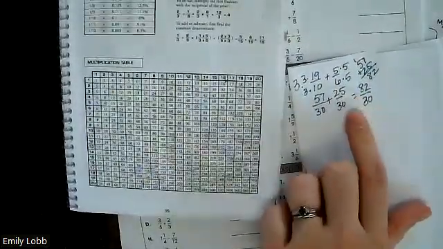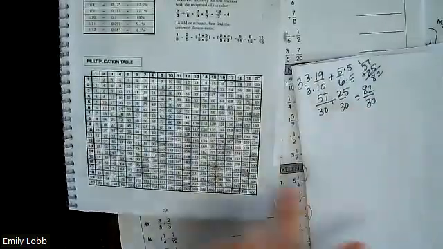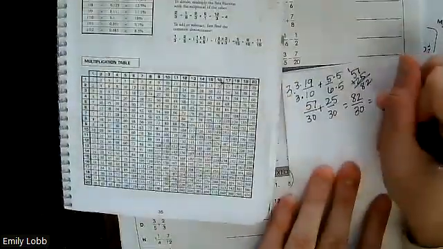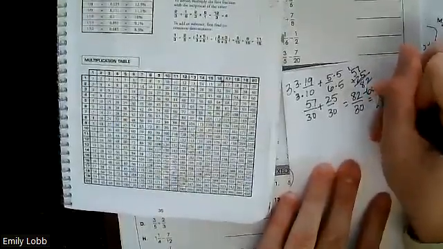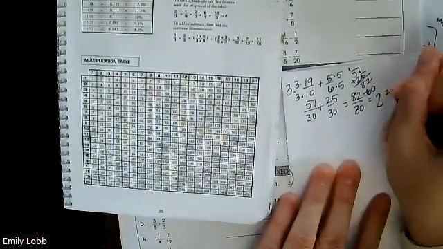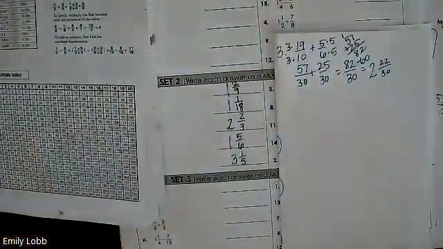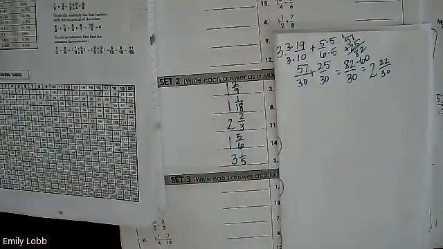So 82. We need to change this to a mixed number. So how many? 2 wholes, which would be 60. So 22 over 30. Did we do something wrong?